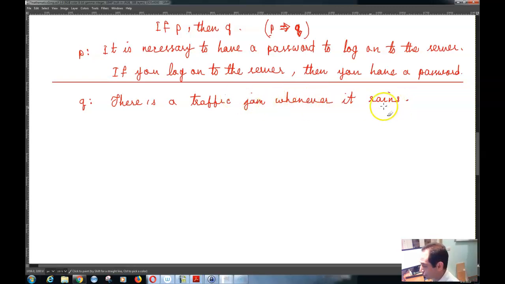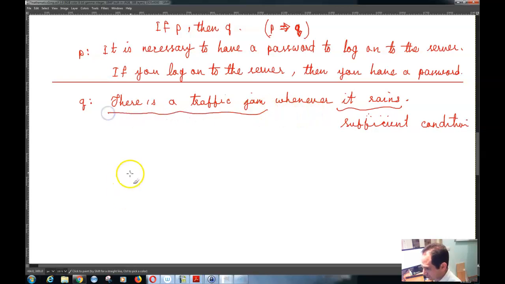So when you say whenever it rains, that means that whenever it rains, there is a traffic jam. That means that it's a sufficient condition for this to happen. So then you can say that this is a sufficient condition.